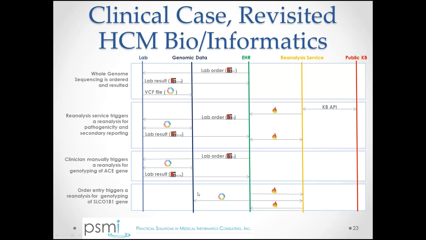If you just computationally go in there and extract the genotype of the SLCO1B1 gene, or the ACE gene, that's not necessarily going to have the same degree of accuracy as, for instance, the reporting of the lab back on one of the hypertrophic cardiomyopathy genes, because labs do QA and sometimes they do confirmatory testing before they report back results. Oh, I see. So that's one of the challenges.